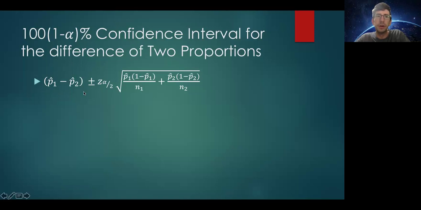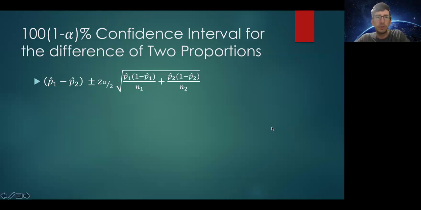It's very similar to the last confidence interval for one proportion formula, but now we just have the difference of our two sample proportions, and now we have the sample standard error, again, for the difference of those two sample proportions, where we've used that property to say, okay, it's variance 1 plus variance 2, and take the square root, with one z-value as well.